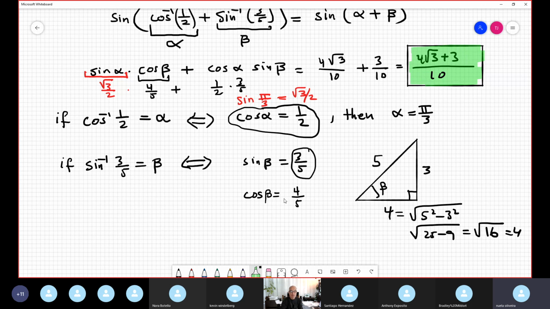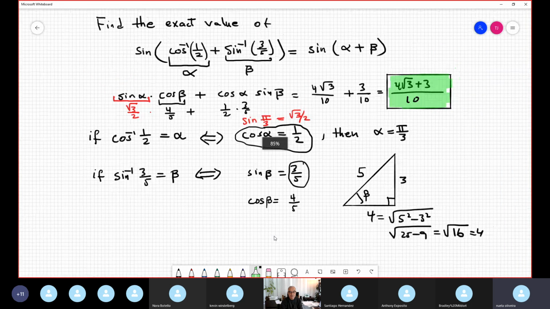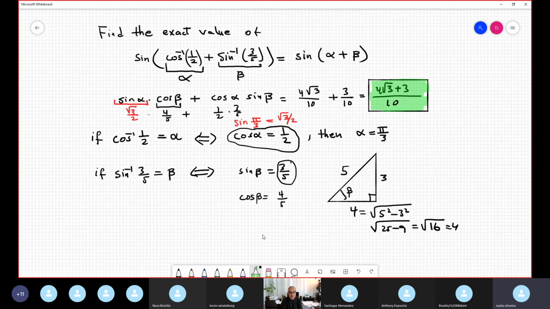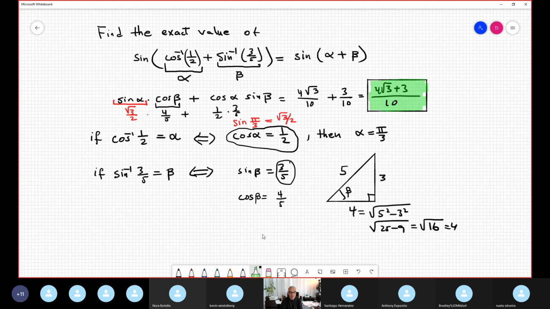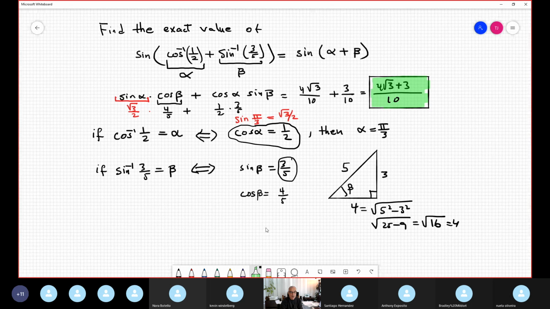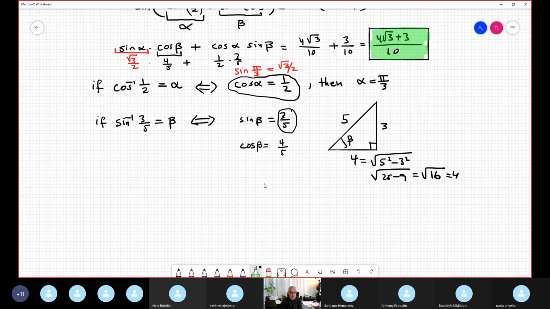So, Professor, I didn't understand after we substitute the values into the formula. I didn't understand that part. Okay, Noela, look, the formula says, I want to recopy it again for you. Sine alpha multiplication cosine beta plus cosine alpha times sine beta.